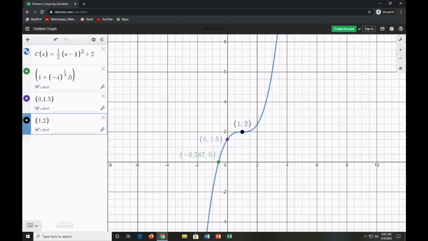In this case we have x minus 1, which means h is 1, shifting the original cubic graph 1 unit to the right. We learned that when we talked about transformation of functions. So h is positive 1 and k is positive 2. So 1, 2 reflects h, k. Okay? All right.